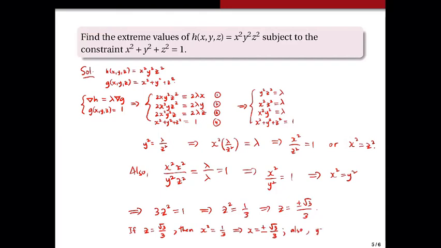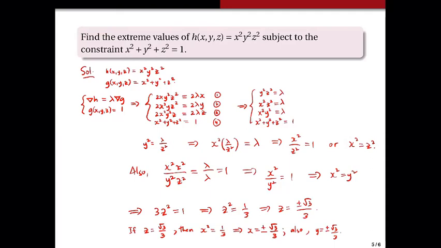y equals plus or minus square root of 3 over 3. But in any case, we have the function h of x y z, which is equal to x squared y squared z squared.